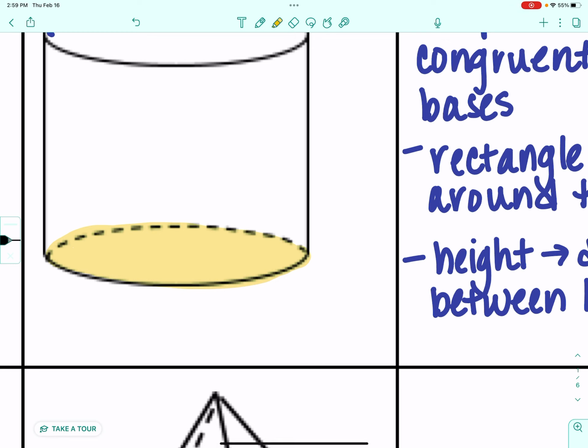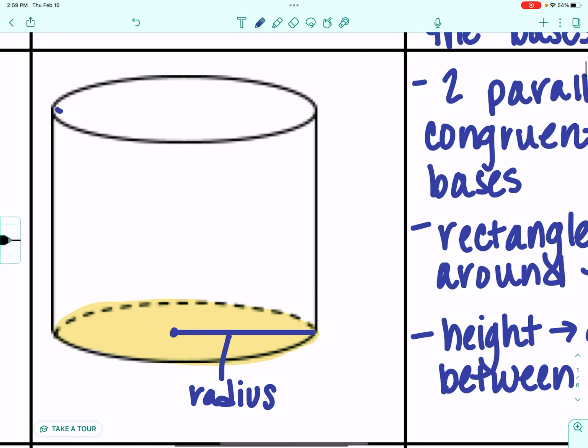Within that circular base, we still have all of the parts of a circle. We have the center. Remember, halfway across the circle through the center is the radius. If you go all the way through the center, that's a diameter.